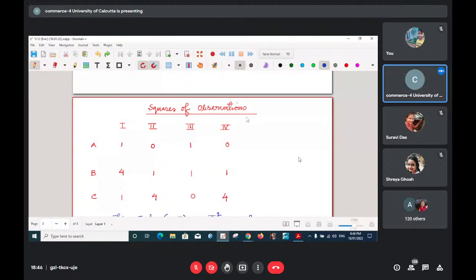Squares of observations. Please write it properly so that I may not commit a mistake.